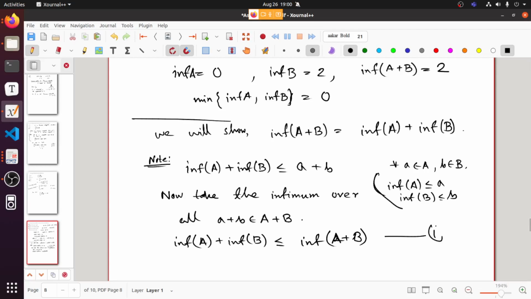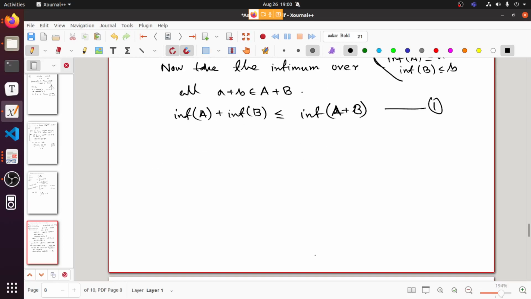So this is the one side. We have proved infimum of A plus infimum of B is less than or equal to infimum of A plus B. One side we have proved. Now we have to prove the other side, meaning infimum of A plus B is less than infimum of A plus infimum of B. So now the other side.